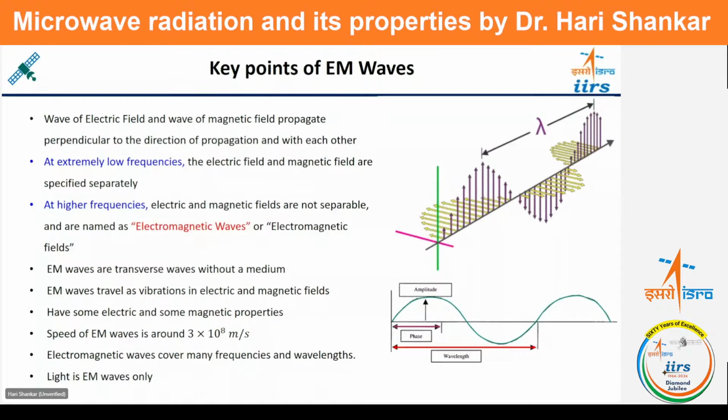In remote sensing, though this electromagnetic spectra has electric as well as magnetic fields, in the remote sensing process we will only consider the electric field vector, because the magnetic field vector is not changing very rapidly, especially in the remote sensing process.